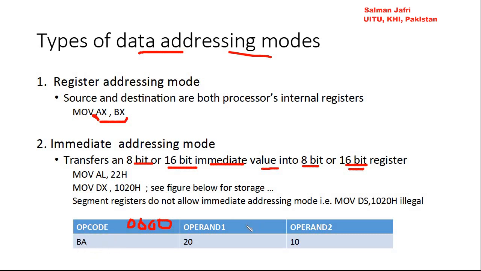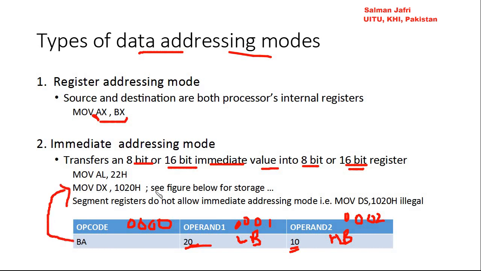Then we have operand 1, which is 20, and operand 2, which is 10. Following the little endian format, this is the low byte, stored at address 0001, and this is the high byte, stored at address 0002 hex.